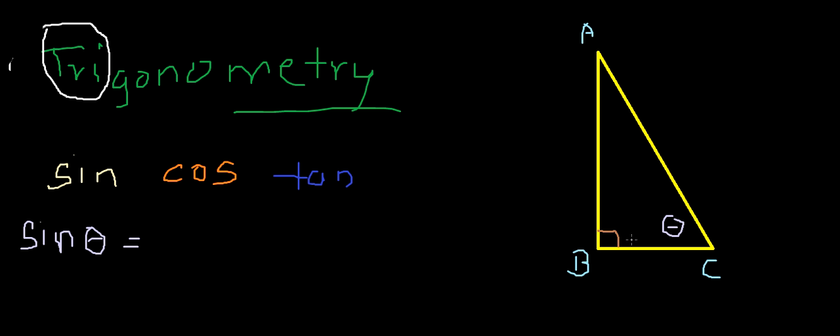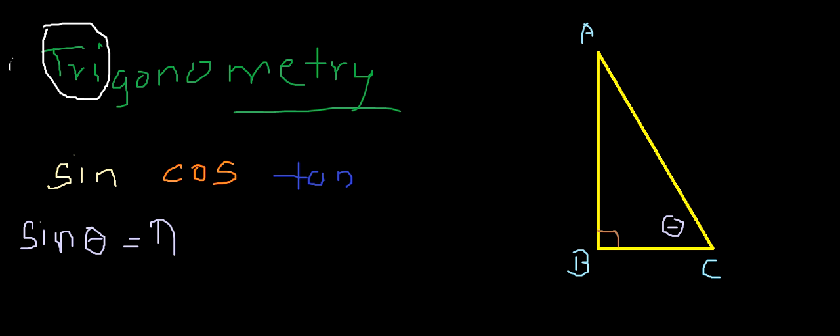Now you will say, hey, you only told us that the side opposite to the right angle is the hypotenuse, but now we are talking about sin theta. So sin theta is opposite, the length opposite to theta, which is length AB.